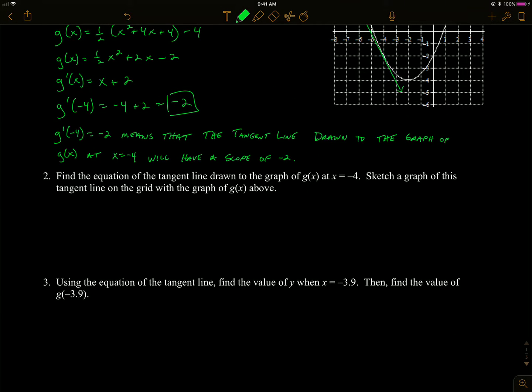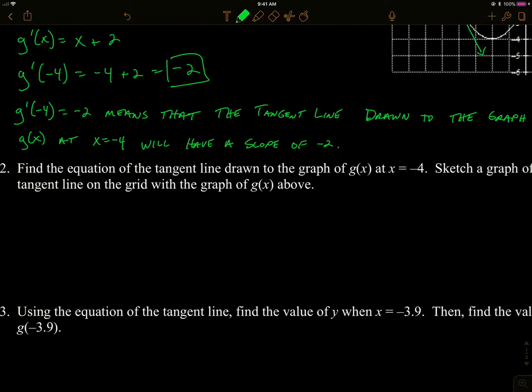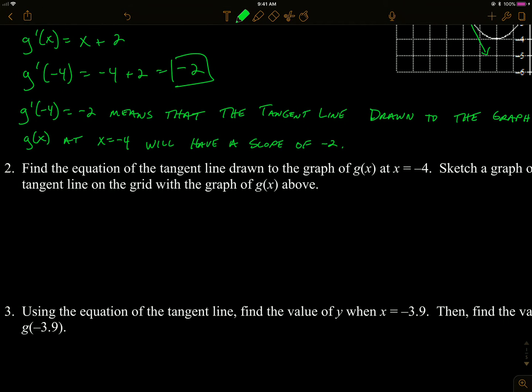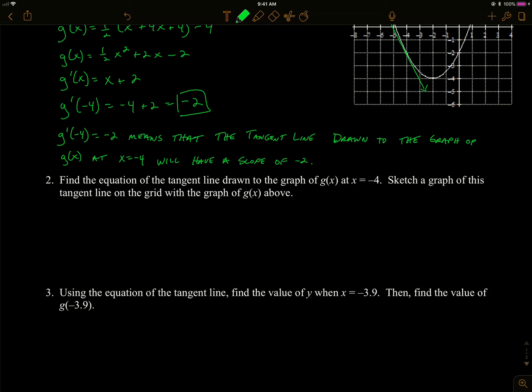Second one, find the equation of this tangent line and sketch a graph of the tangent line on the grid. So I already sketched the graph, but let's find the equation of the tangent line. So first I need the point of tangency.